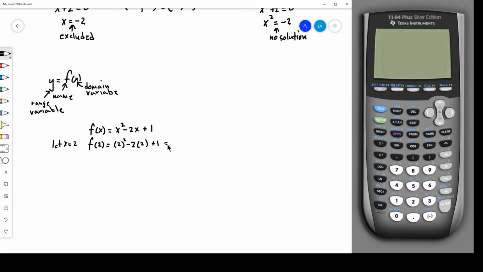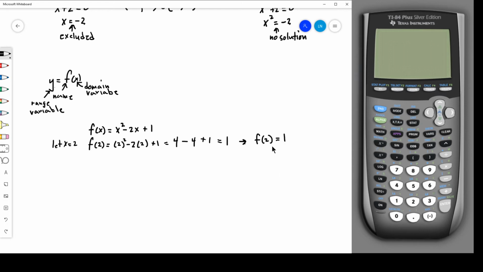Once I've done that, what I have over here is an arithmetic problem that I can work out. So 2 squared is 4. 2 times 2 is 4. Yeah, 2 was a bad number to pick. Plus 1. So 4 minus 4 is 0. So that whole thing is equal to 1. So we would say f of 2 is equal to 1.